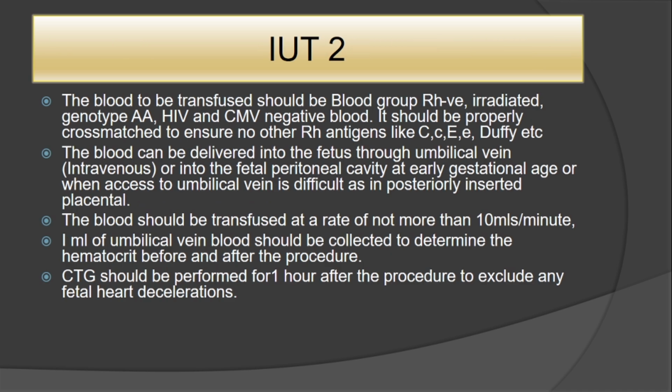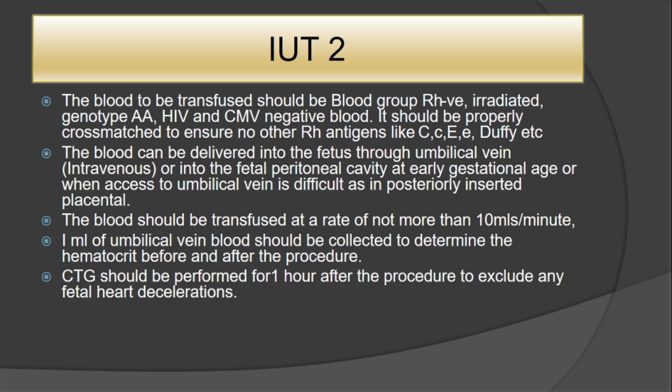The blood to be transfused should meet certain criteria for safety. One, the blood should be Rhesus negative. It should be irradiated. The genotype of that blood should be AA, and the blood should be HIV, hepatitis, and cytomegalovirus negative.